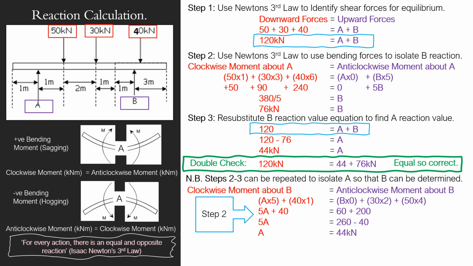So if you use that principle, you will see that's what I've applied here. Everything causing it to go clockwise from B and everything causing it to go anti-clockwise from B. I've followed through step 2, and then you re-substitute in, and you'll see, using exactly the same concept, I've got the same values, and that means my calculations are correct.